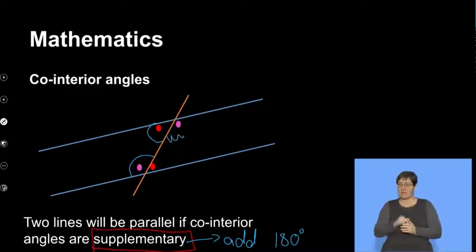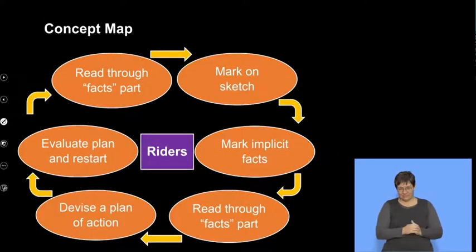And also if this angle here and that angle there add up to 180, we will then say that they are co-interior. So some people make the mistake of, because the first two properties are about equality, even when they get to co-interior angles, they think equality is what we need to look at there.